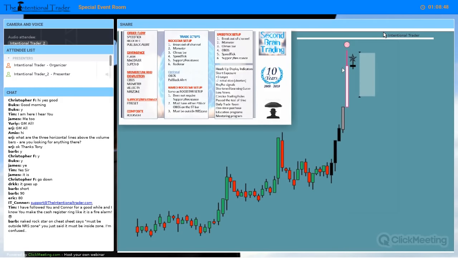So we've covered now the Rockstar, the naked Rockstar, the optional indicators. Now we're going to talk about the speed tick. So you see how I'm working backwards, and we're basically removing some levels of confluence or changing the levels of confluence to create a trade setup.